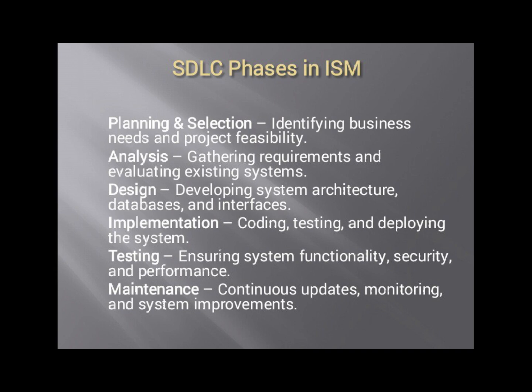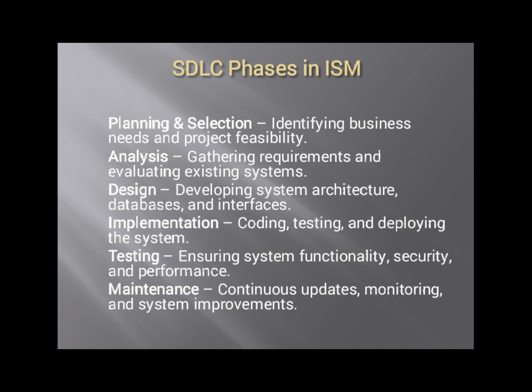phase. The second phase will be the analysis phase, gathering requirements and evaluating existing systems. The third phase is design, developing system architecture, database, and interfaces. The fourth phase is implementation, coding, testing, and deploying the system.